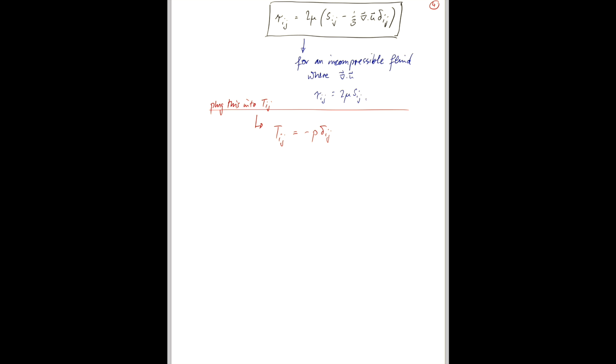But then we have plus 2 mu (S_ij minus 1/3 S_kk delta_ij). And this eliminates all unknown components of T_ij and introduces one unknown component, P. Remember that mu here is just the viscosity, so that's just a material parameter and not one of the unknowns of the equation.